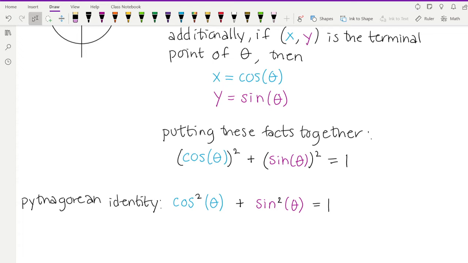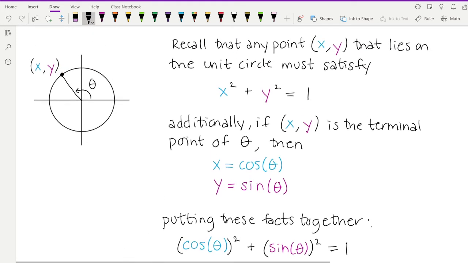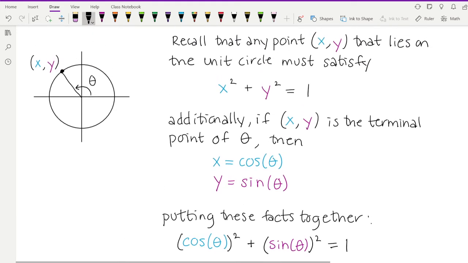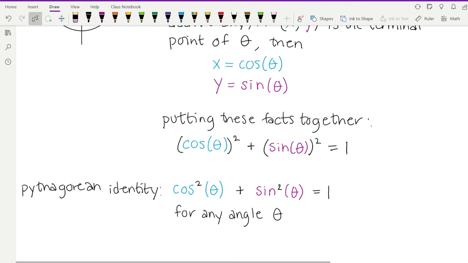And this statement is going to be true for any angle theta, as long as the theta is the same in both of these instances. We just picked some random angle theta, so it could have been any angle. Everything that we did was generic. It was true for any angle. And so this is our Pythagorean identity.